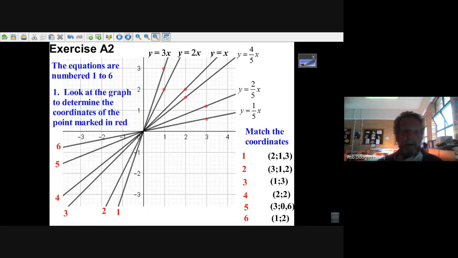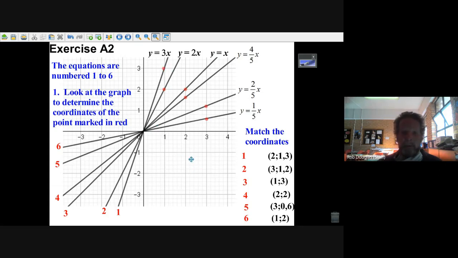That's the main part. The second part looks a little scary, but all I've done is take 6 different lines, and I put the 6 different rules, the 6 different formulas, on the ends of the lines. And then I put these little red dots here. They're points that fit on these lines. You can look at the graph and tell me what the coordinates are.